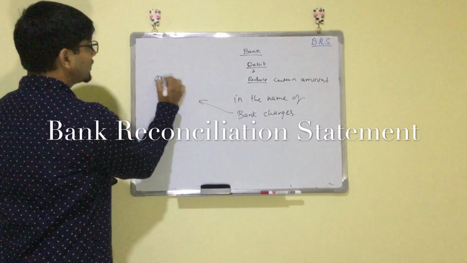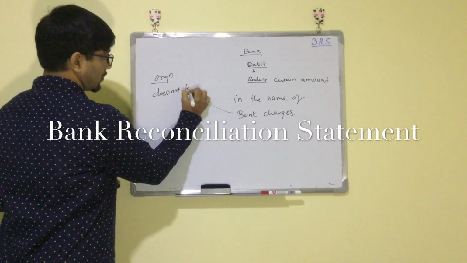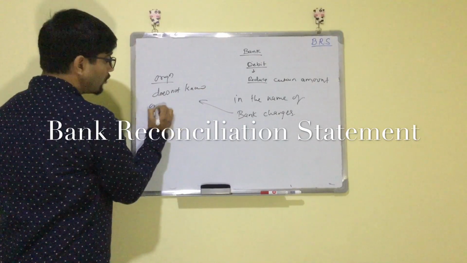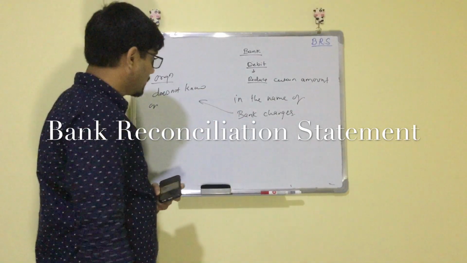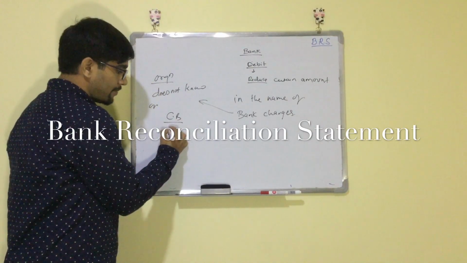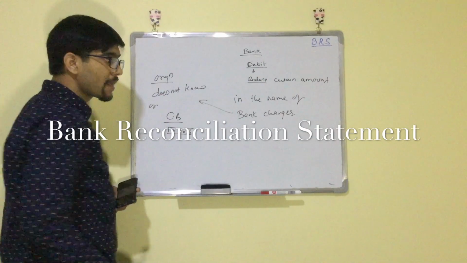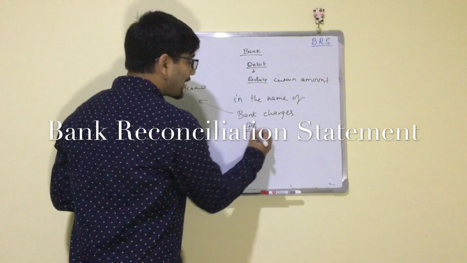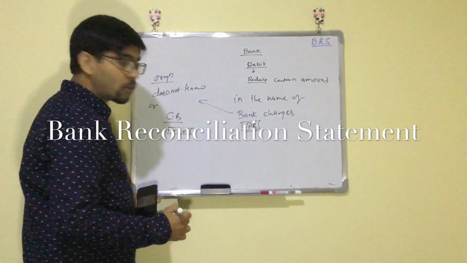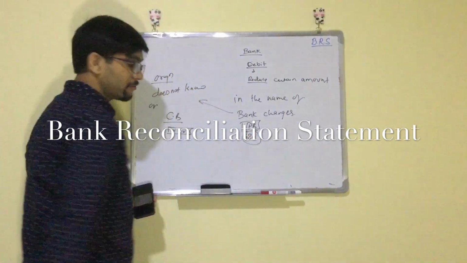But the organization, or the accountant, does not know about it. So in the cash book, the balance is intact. There is no bank charge. But in the passbook, the bank has, without giving advice or notice to the organization, reduced $20 from the balance.